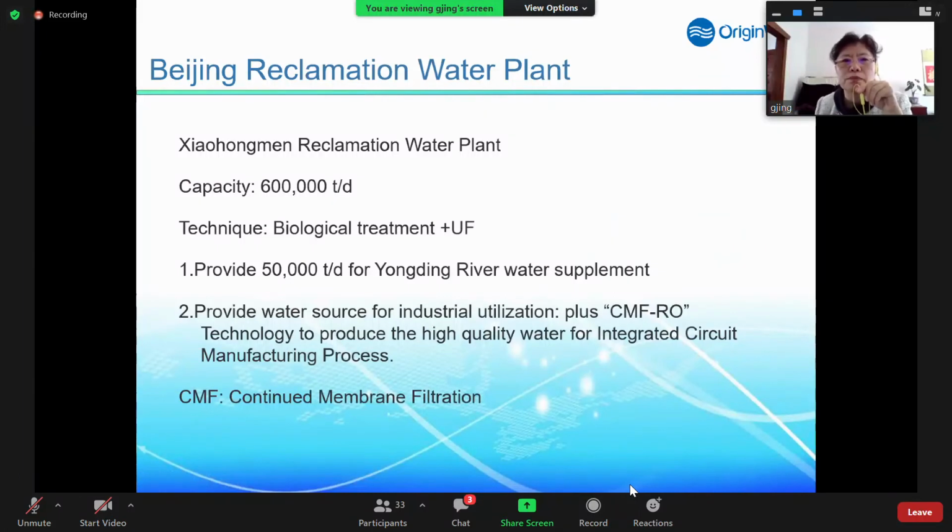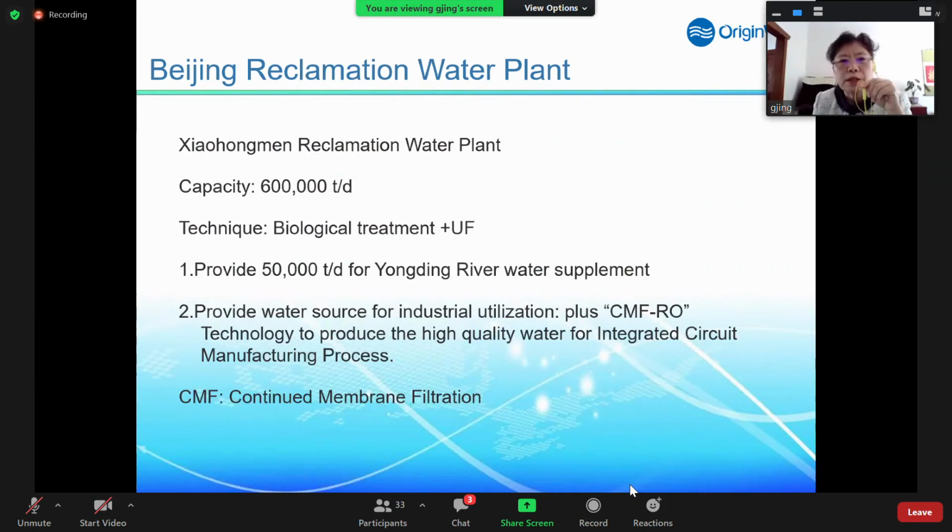Once we have very good effluent quality after nanofiltration treatment, we can use this water for different purposes. For example, in Beijing, we have a reclamation water plant, and the capacity is pretty big. It is 600,000 cubic meters per day.